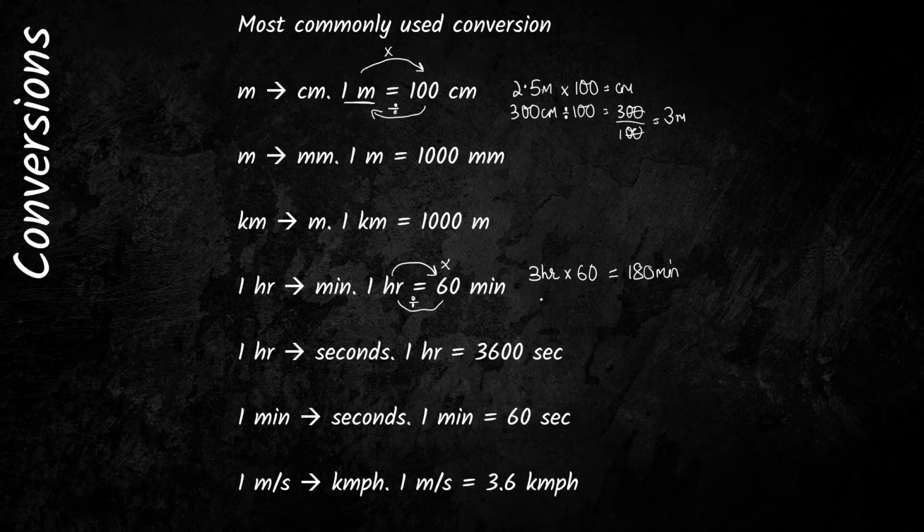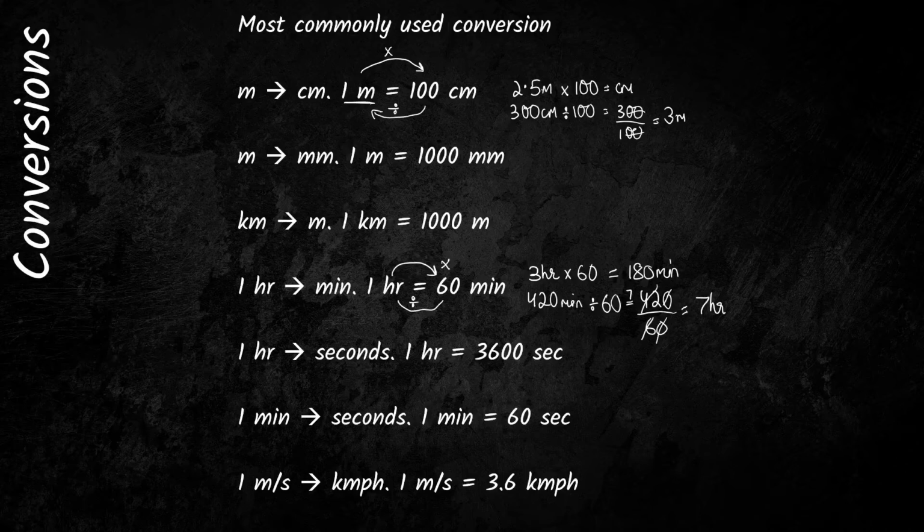And let's say you've got 420 minutes and want to convert this to hours, you divide by 60. 420 divided by 60, the 0 cancels out, 6 times 7 gives me 42, so 420 minutes is 7 hours.